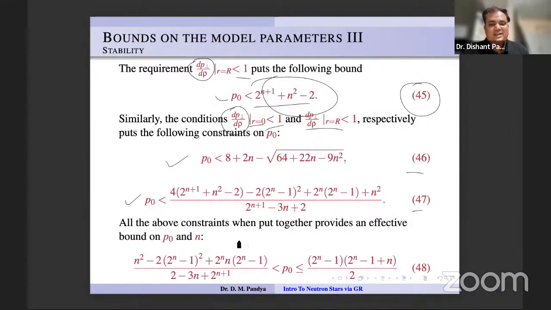Finally, I check these conditions to see what the narrowed down, smallest interval of this P naught is, and equation 42 basically suggests the lower bound and upper bound of P naught.